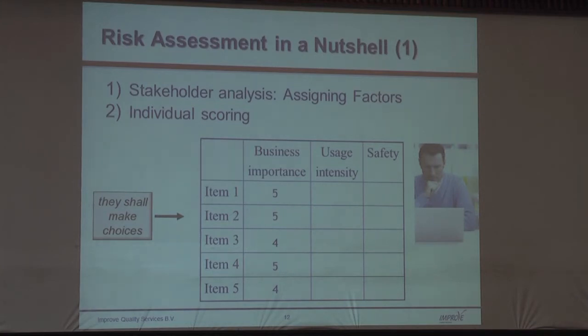So in this technique, we have a rule that says they shall make choices. That means if we're doing it in a column, we want an even distribution. So we want 1s, 2s, 3s, 4s, 5s. If you use Excel sheets, it's very simple because they can only put in, and in the end they get an error message: you've used too many 5s or too many 4s.